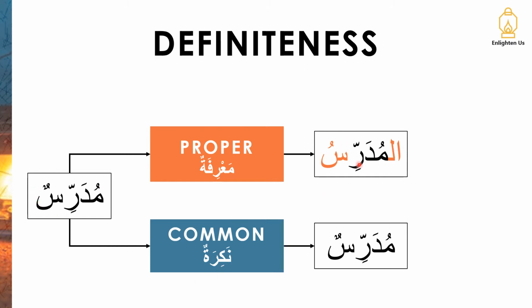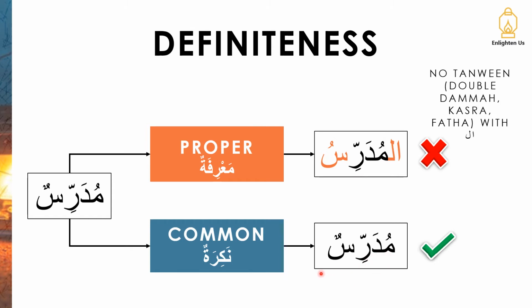Now clearly this one is not a match, therefore mudarrisun, in the absence of any other indicator, and al is nakira. There's something worth pointing out here, that whenever al is attached to an ism, it is not possible to have tanween. You're never going to find double damma, double kasra, or double fatha. The 2 things don't go together, al and tanween.